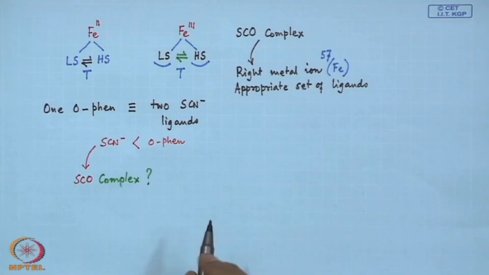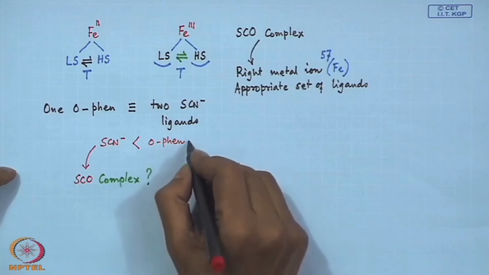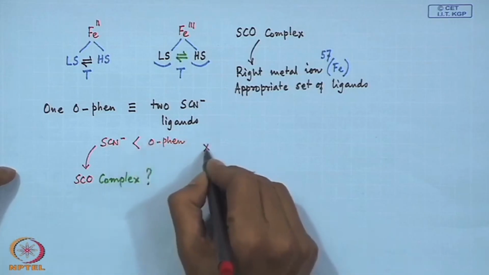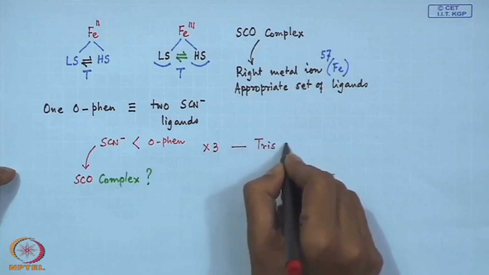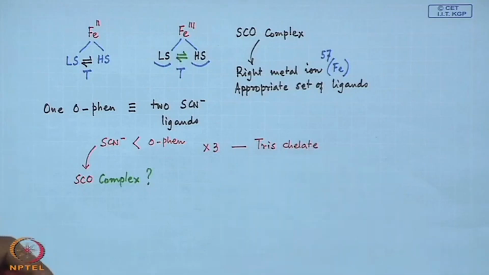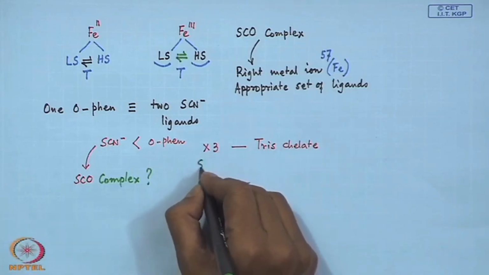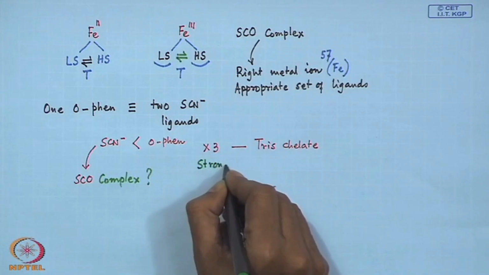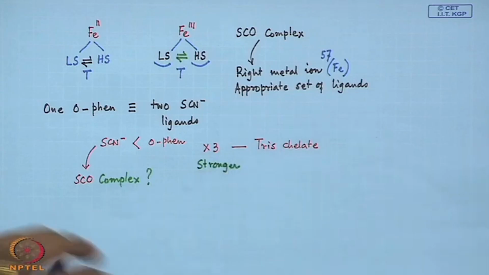When the ligand is strong enough, such as phenanthroline, and when we are providing 3 orthophenanthroline together in the tris chelate, we have a stronger crystal field.